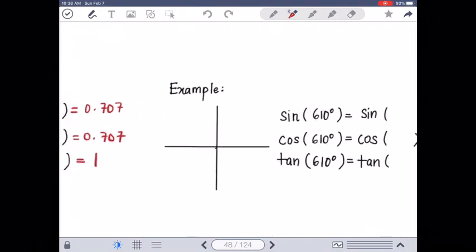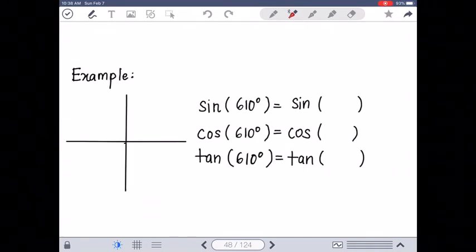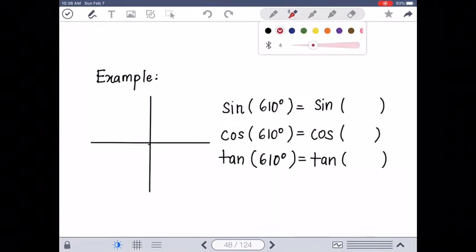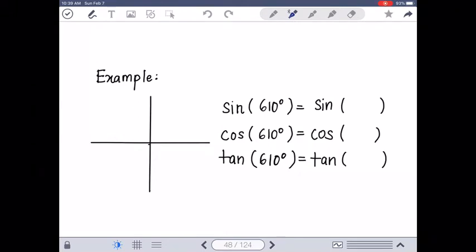Right, now let's have a look at the last example. 610. The first round is 360 degrees. Let me do it again. This is 360 degrees.